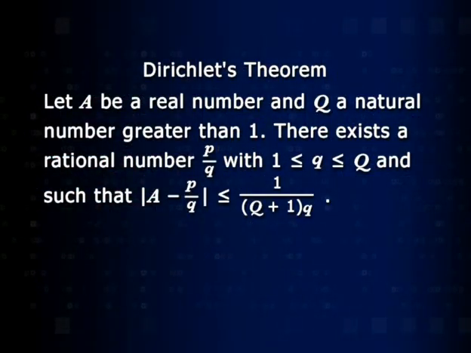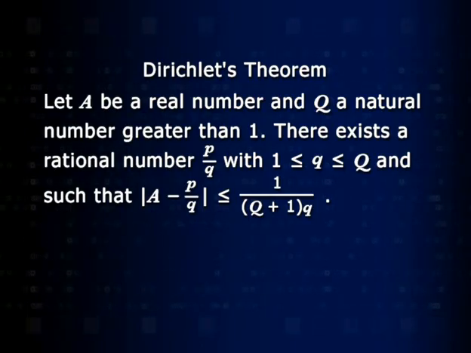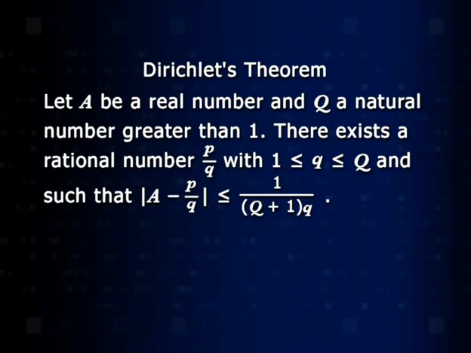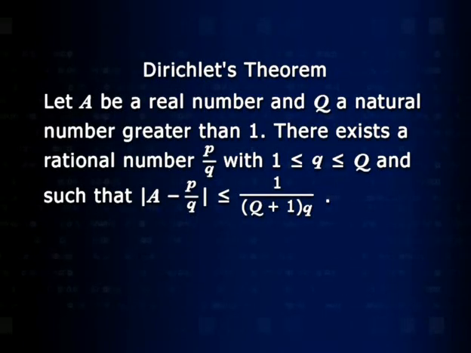So the theorem says that if we have a number a, it's a real number, and we have capital Q, which is a natural number greater than 1, then we can always find a rational number p over q so that it's very close to a. The absolute value of a minus p over q is smaller than or equal to 1 over capital Q plus 1 times the denominator little q, and also that denominator little q does not exceed our bound capital Q.